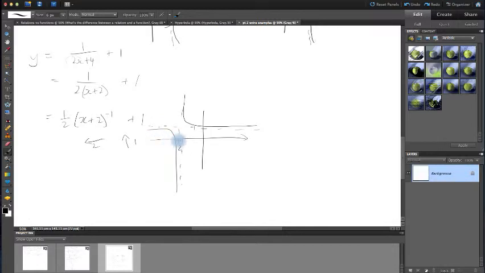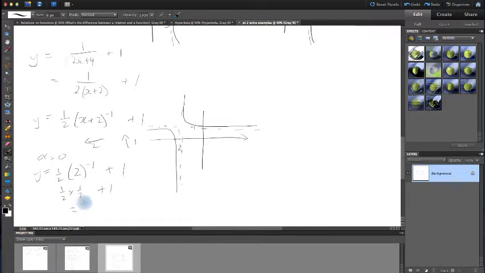Now we need to show our dilation by showing a point on each, so we might as well show the intercepts. First I'll show the y-intercept by setting x equal to 0. So y here is equal to a half, 0 plus 2 is 2, to the minus 1, plus 1. So what we've got here is a half, and then half times half plus 1.